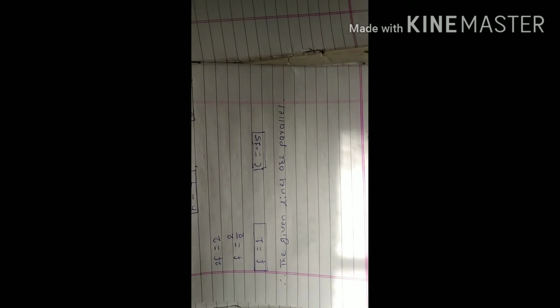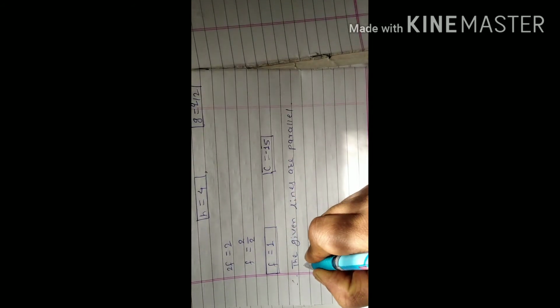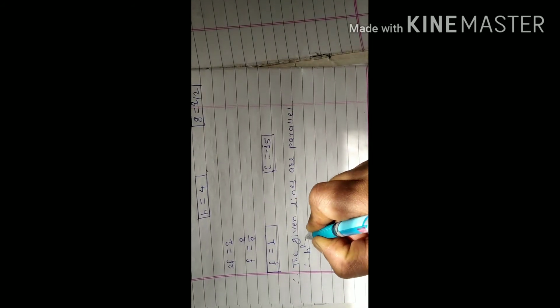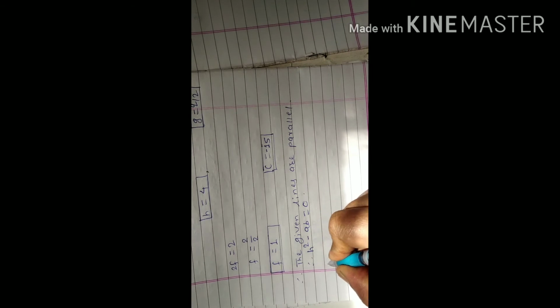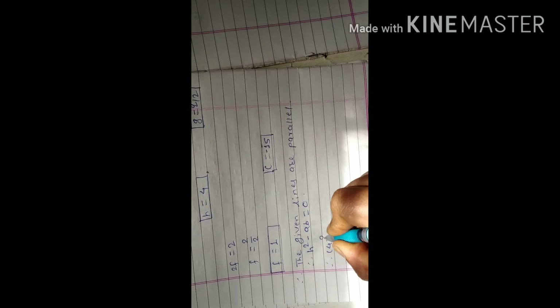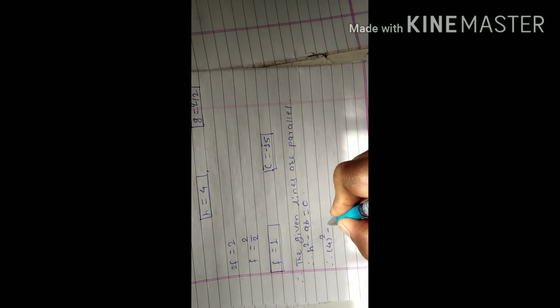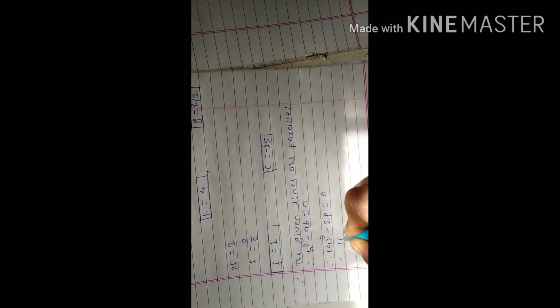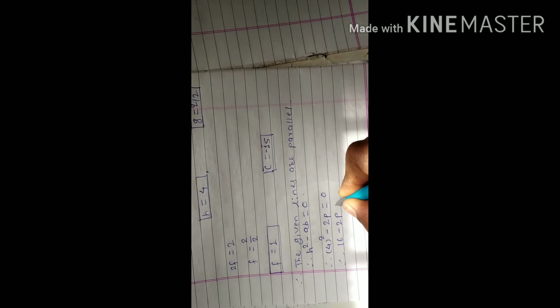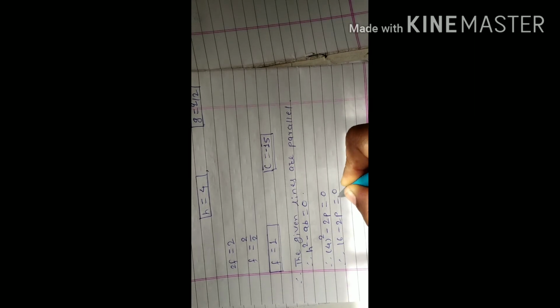That is, h square minus ab is equal to 0 is the condition. Therefore h square minus a into b is equal to 0. We know that the value of h is 4, that is 4 square minus a is 2 and value of b is p, 2 into p is equal to 0. 4 square is 16 minus 2p is equal to 0.